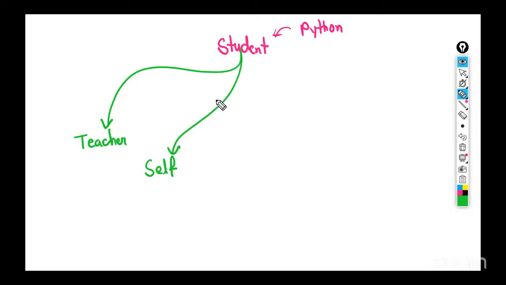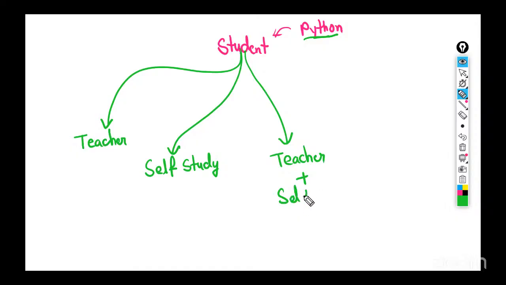So before moving forward, let's understand this. There is a student and this student wants to learn Python. Now there are different ways of learning. First, one teacher comes and delivers the session. Another is that they can do self-study. Another way, they can take the help of a teacher plus do self-study.